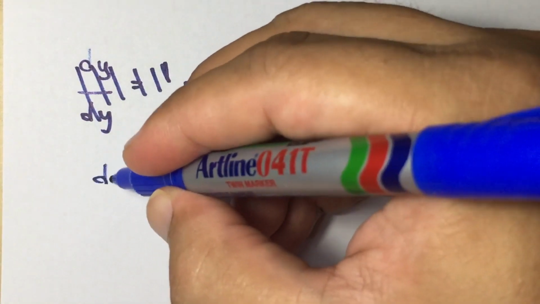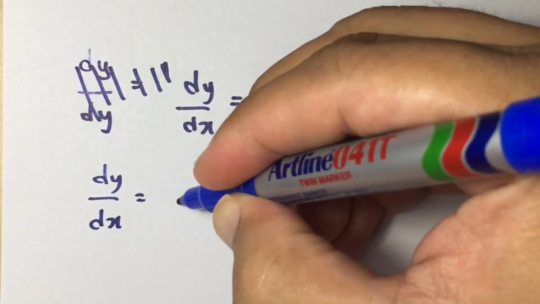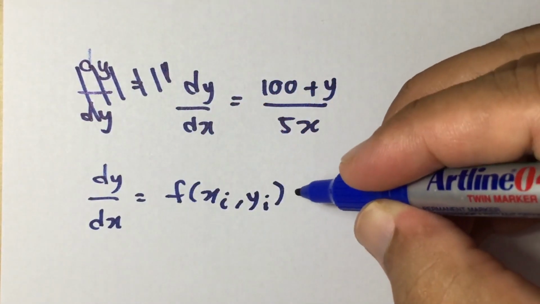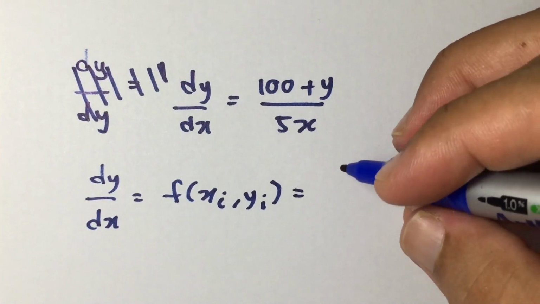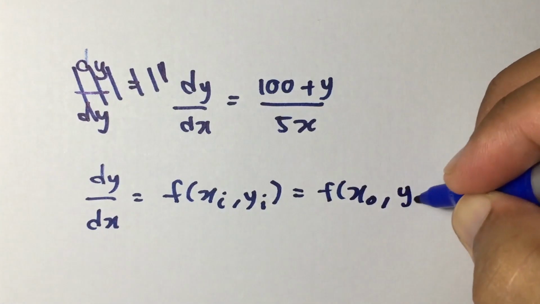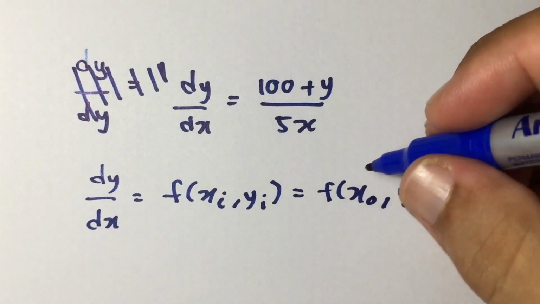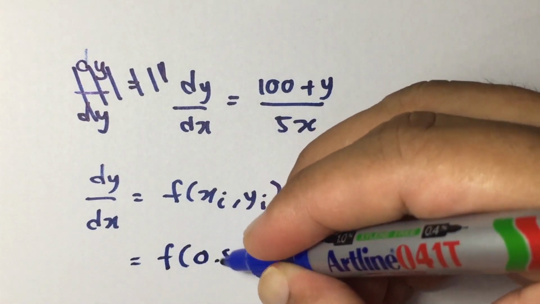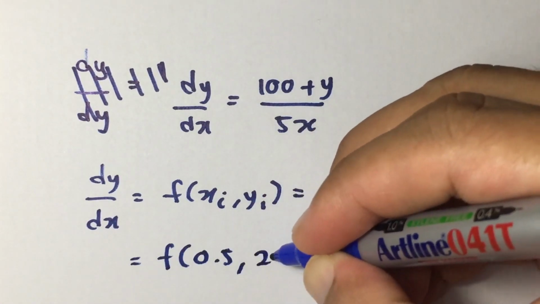Since dy/dx is equal to f(x_i, y_i), for the first iteration at i equal to 0 we have f(x_0, y_0), where x_0 is 0.5 and y_0 is 20.